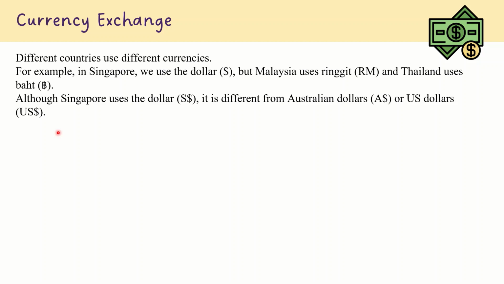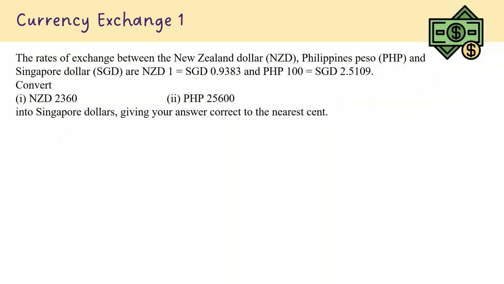In this section, we are going to be exploring how we convert money from one particular currency to another currency. We shall first start off with an example that is slightly more straightforward. It will test us in terms of how we go about doing currency conversion first. In this question, it says that the rates of exchange between New Zealand dollars, Philippines peso, and Singapore dollars are New Zealand dollars $1 equals to Sing dollars 0.9383, and 100 pesos is equals to 2.5109 Sing dollars.